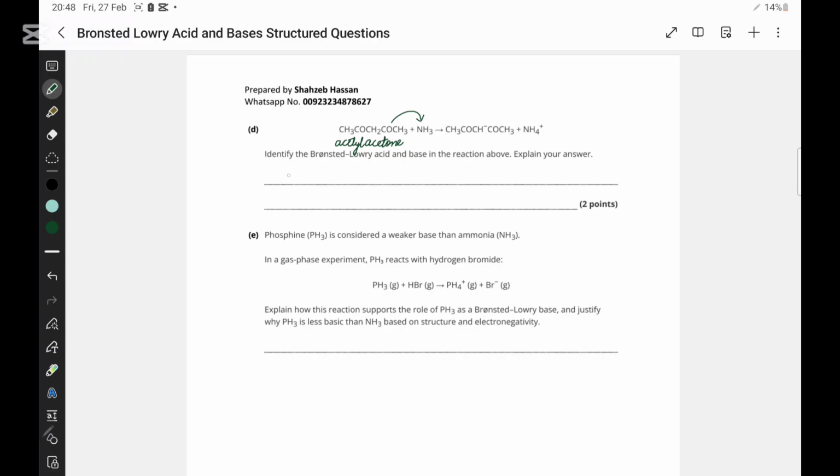So acetyl acetone is the acid because it donates a proton, while ammonia acts as a base because it accepts a proton.